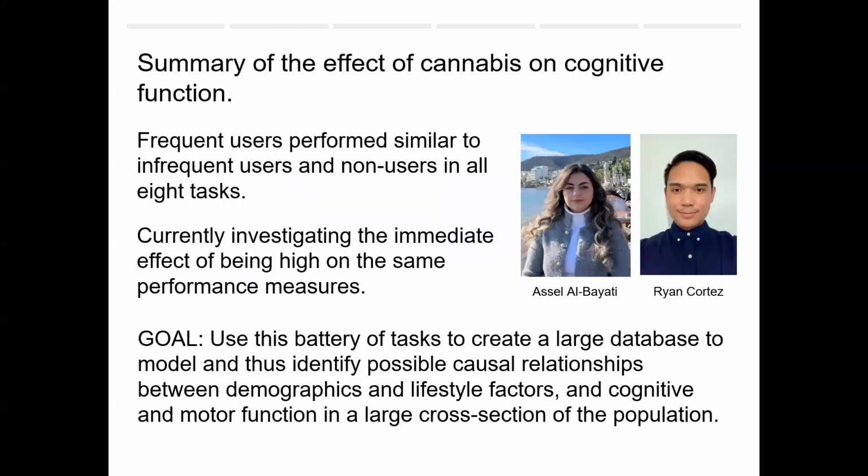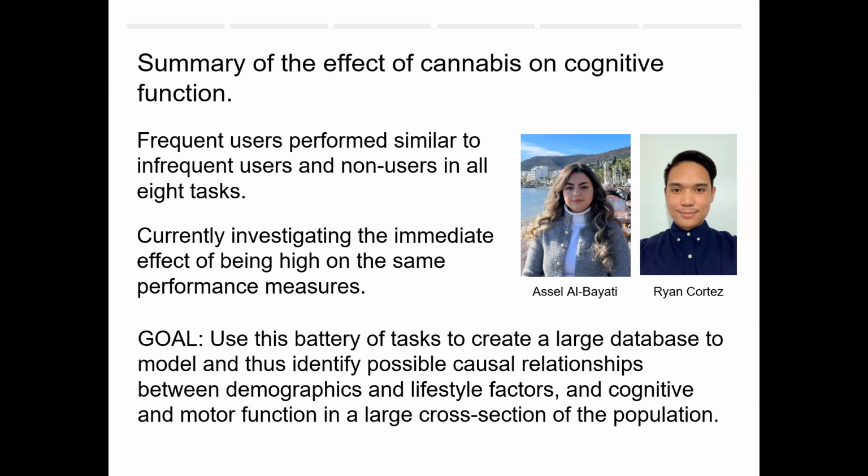So in summary, we found that frequent users perform similarly to non-frequent users in all 8 tasks. I only showed you 3, but currently we're investigating the immediate effect of being high on the same performance measures. We invite our frequent users to do the battery again. This time we get them on Zoom so we can see them take their usual dose.